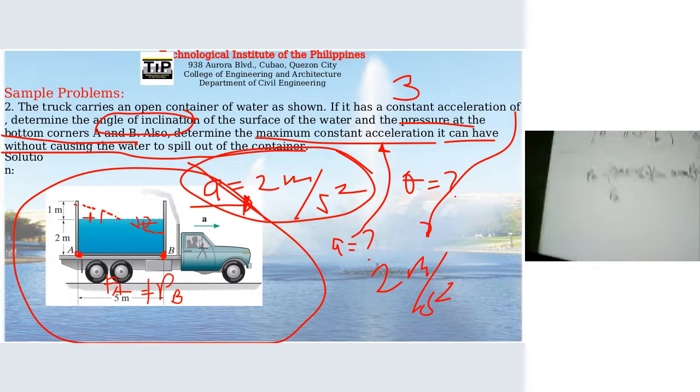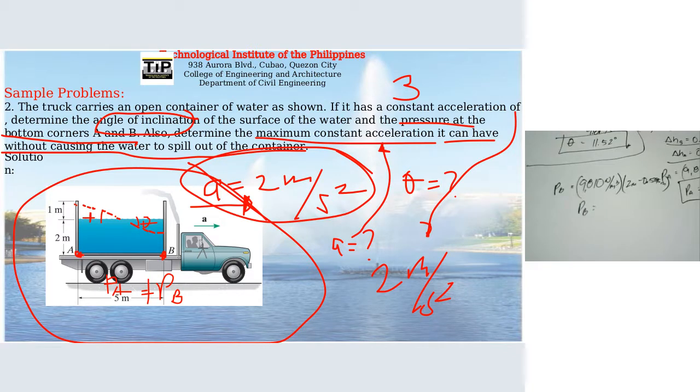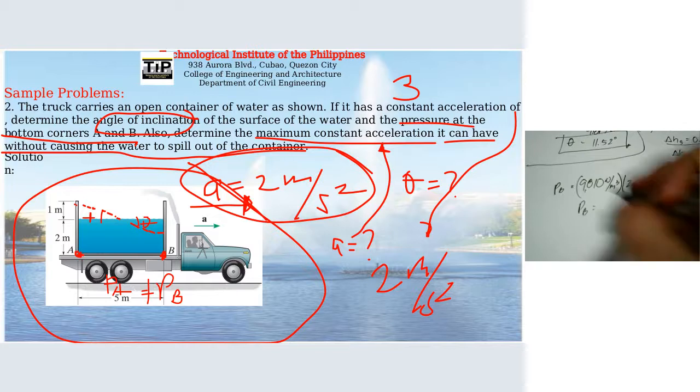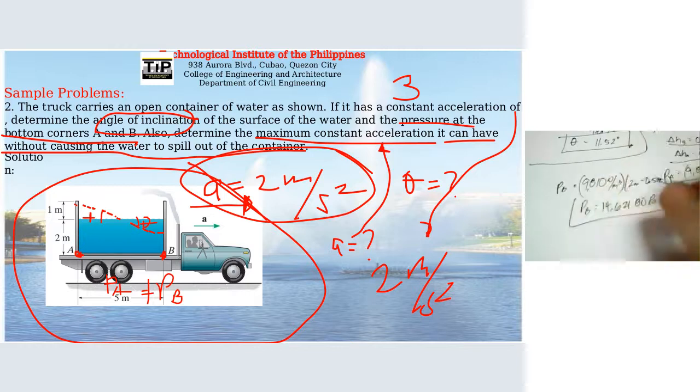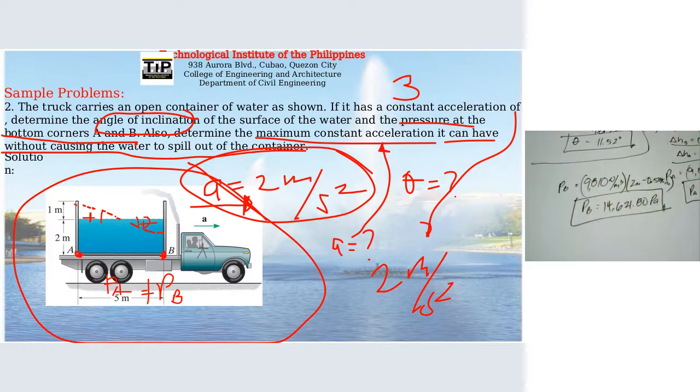What is pressure at point B? 14,621.8 pascals.